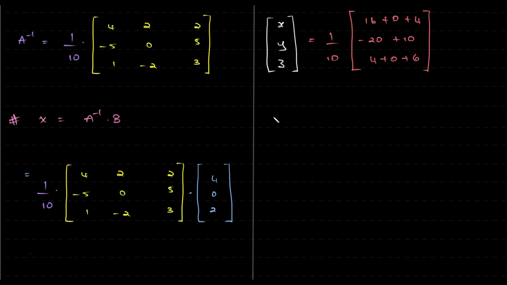So on comparing the matrices, we have x to be 2. Again, remember we have 1 by 10. Then y to be minus 1 and z to be 1. So that's our answer.